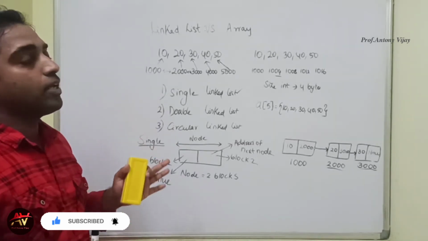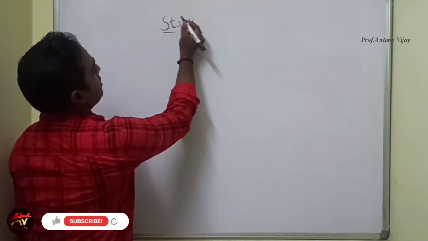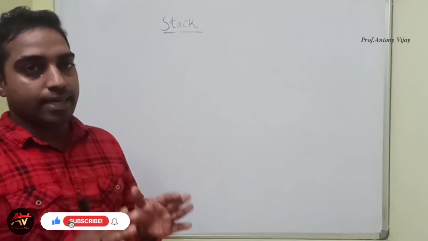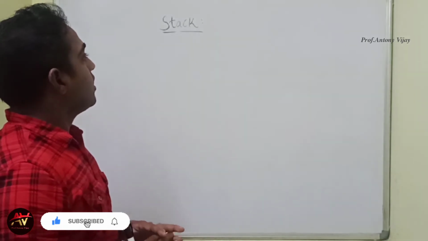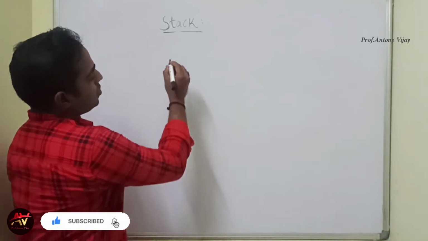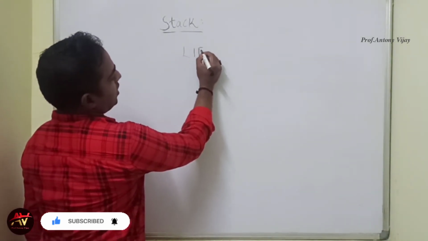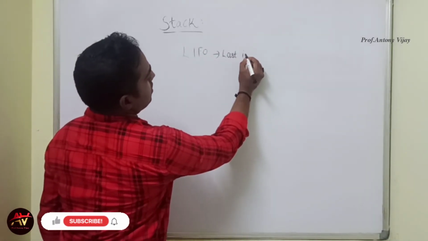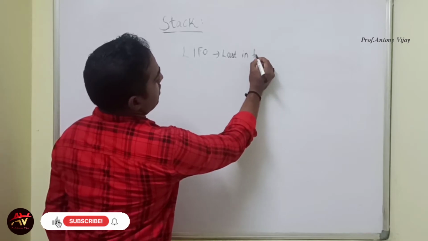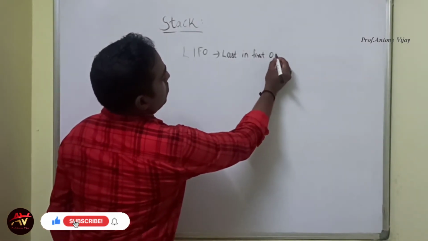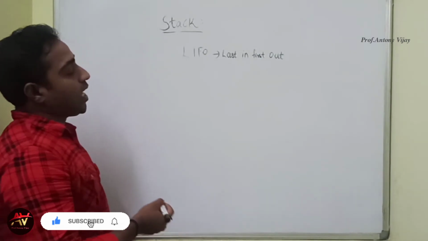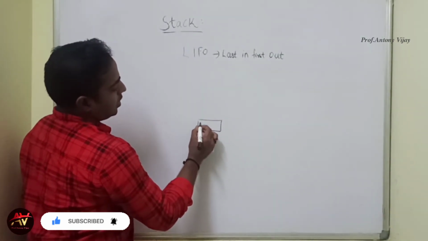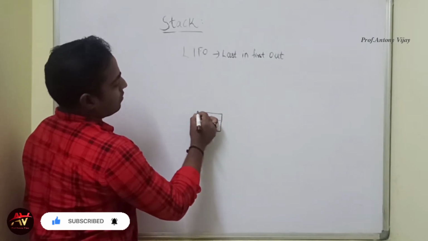Next we will see about stack. Stack data structure. Stack is also a linear data structure. Here the stack follows LIFO, that is last in first out discipline. Stack means files are arranged one after another.